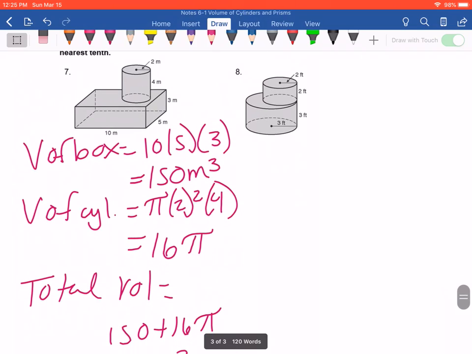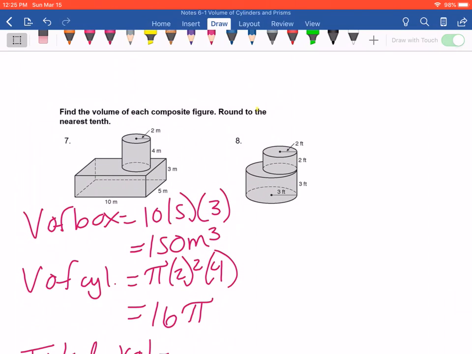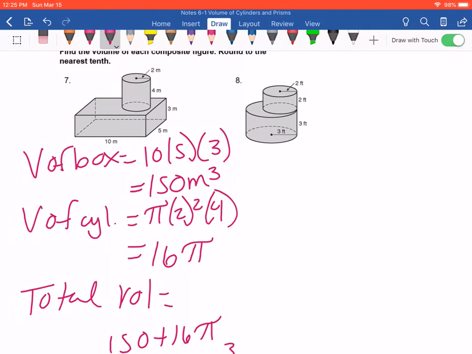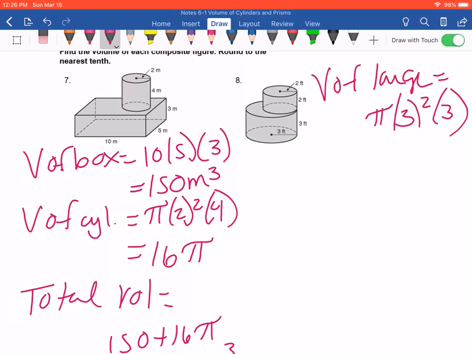All right, looking back over here at number 8, with number 8, I want to follow the same logic, right? The first thing that I want to consider is the volume of the larger cylinder. So I'm going to say volume of the large cylinder is equal to pi r squared times our perpendicular height. So this gives us 27 pi.